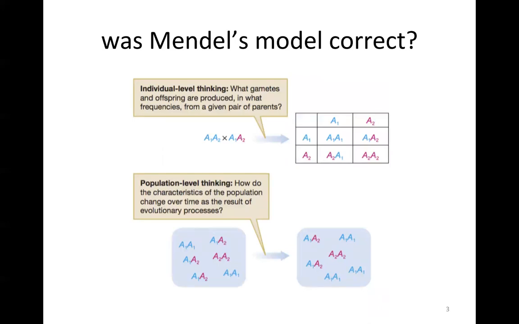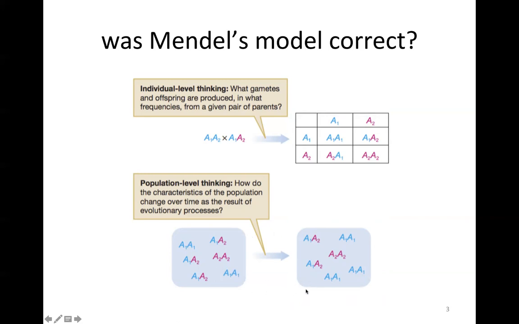What these scientists later realized was that they were confusing what you expect in terms of the frequencies in a family in the Mendelian model, and what you expect from the behavior in a gene pool.